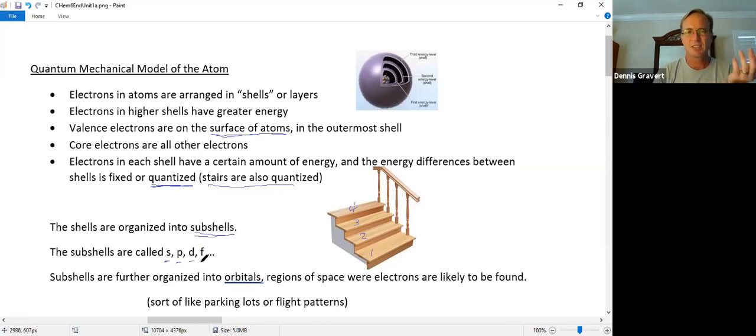A little history, why are these weird letters? Why isn't it just A, B, C, D? It comes from S is sharp, P is principal, D is diffuse, F is fundamental. The data we obtain from electrons comes from absorbing and emitting light.